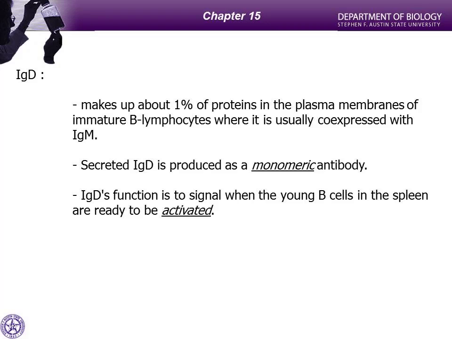IgD is thought to be the signal that, okay, I'm ready to recognize antigen now. And unlike IgM that is a pentamer, IgD is that typical monomeric Y-shaped molecule on the surface of our plasma cells.